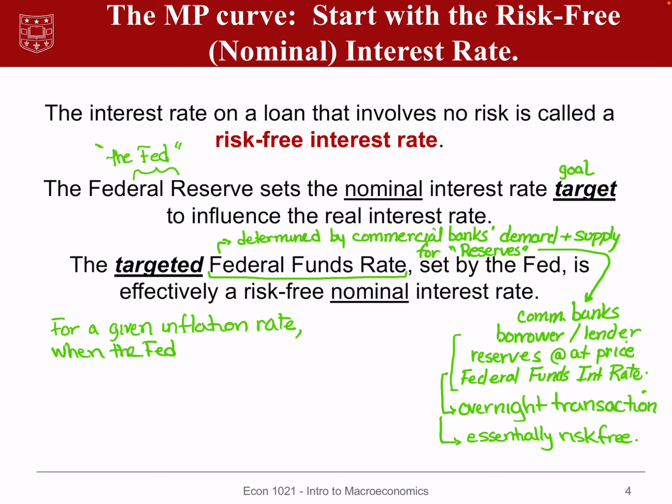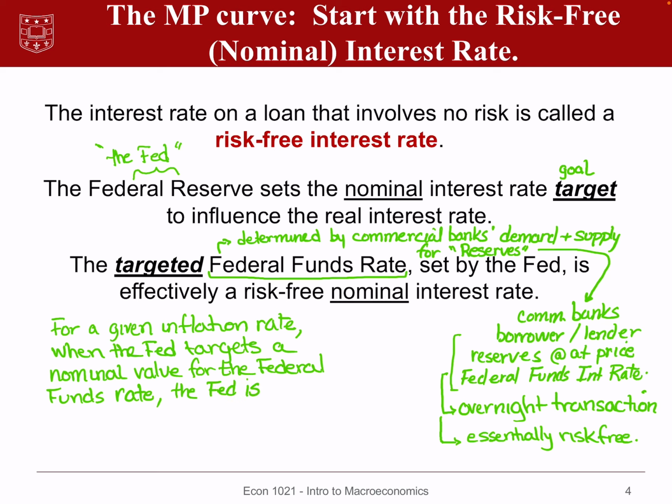So for a given inflation rate, when the Fed targets a nominal interest rate, in this case targets a nominal value for the federal funds rate, the Fed is, for all intents and purposes, essentially targeting a real interest rate.